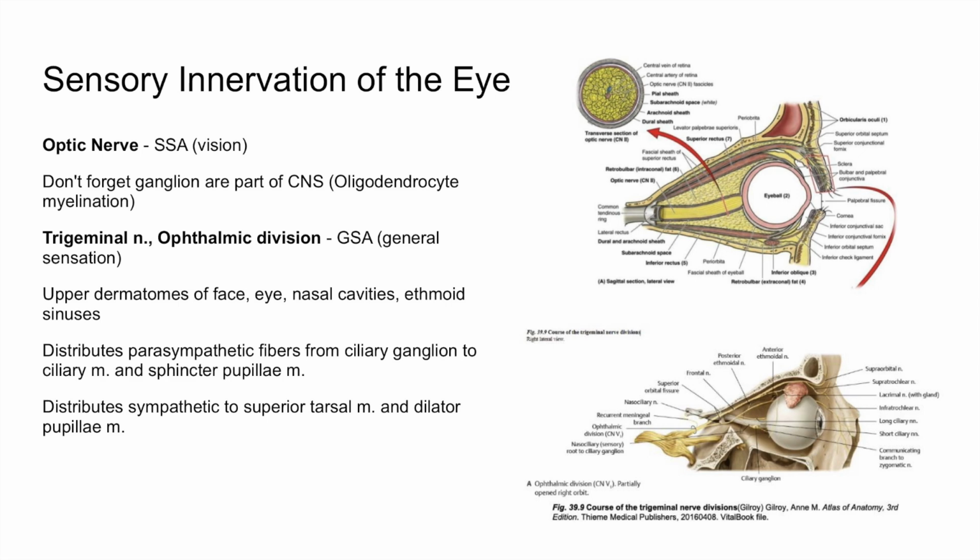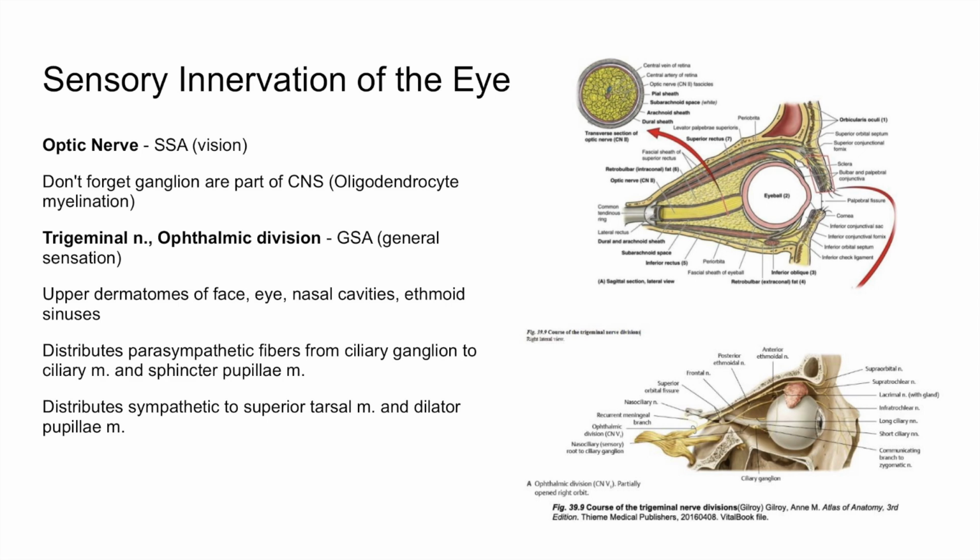Everything else on this slide shifts to the trigeminal nerve, specifically the ophthalmic division, V1, and this is your general sensory supply to the eye and surrounding structures. So when the patient feels pain in the cornea or irritation of the conjunctiva or sensation from the upper eyelid or forehead, that's V1 doing all the work. It also covers regions nearby, like the nasal cavity and the ethmoid sinuses, which is why sinus issues can present with orbital pain.